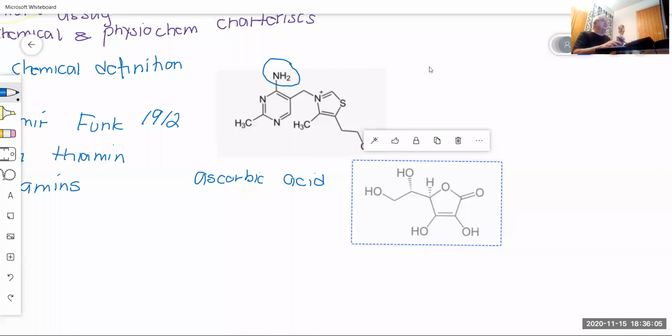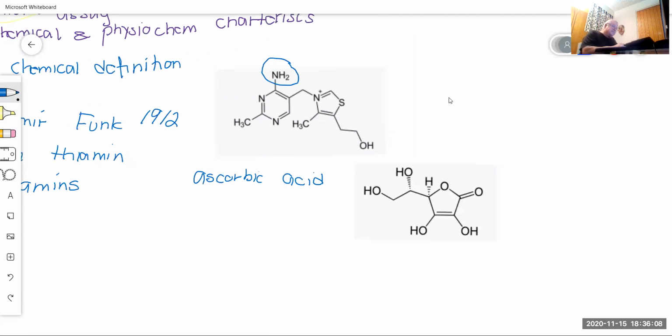So when ascorbic acid was found, it was noticed in a very practical way that this compound is able to prevent and also treat scurvy. So it was named as an anti-scurvy compound.